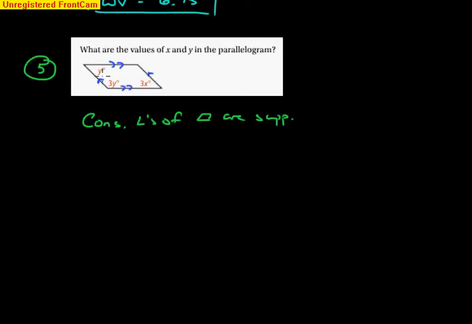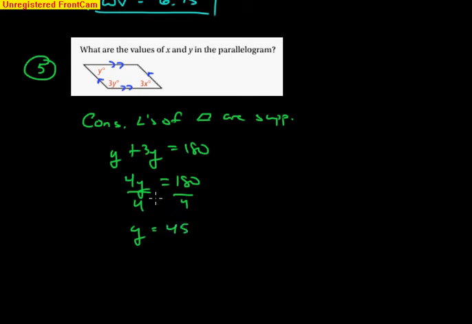Right, it's a parallelogram. So these are same side interior angles. They're supplementary. So here's our equation. Y plus 3y equals 180. These 2 angles add up to 180. This is 4y equals 180 and divide by 4. That's y equals 45. So y is 45.